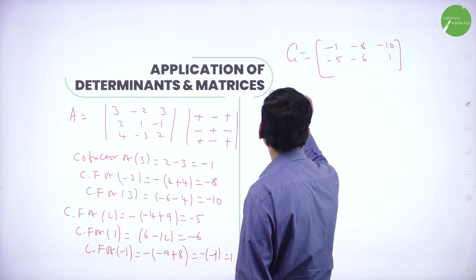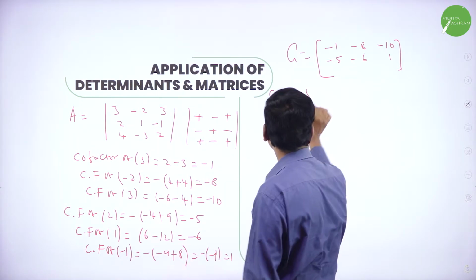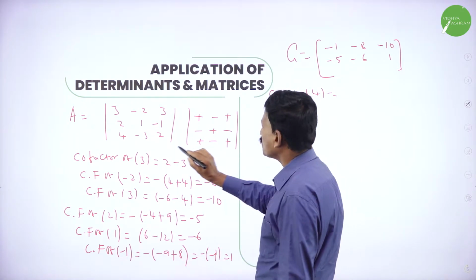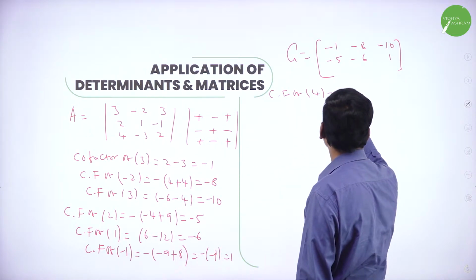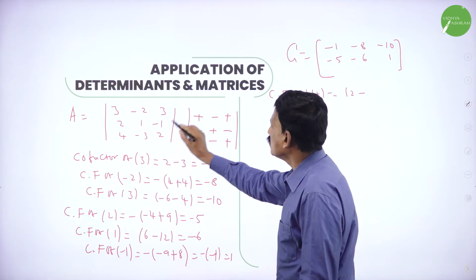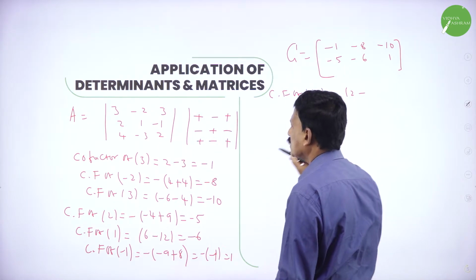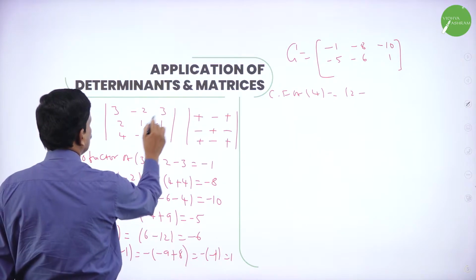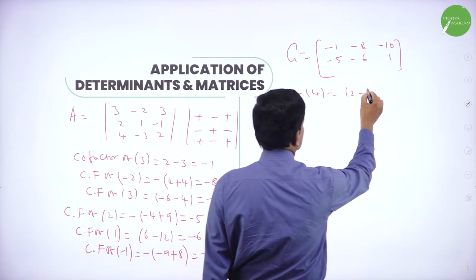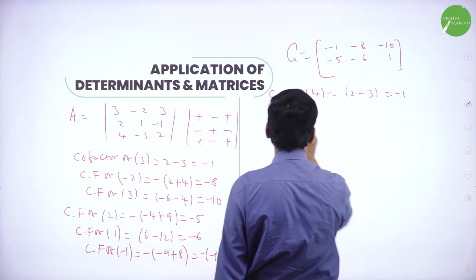The cofactor of 4 is a positive sign, this row and column is gone, minus into minus plus, 2 1s are 2, 1 3s are 3, that is minus 3, that's equal to minus 1.